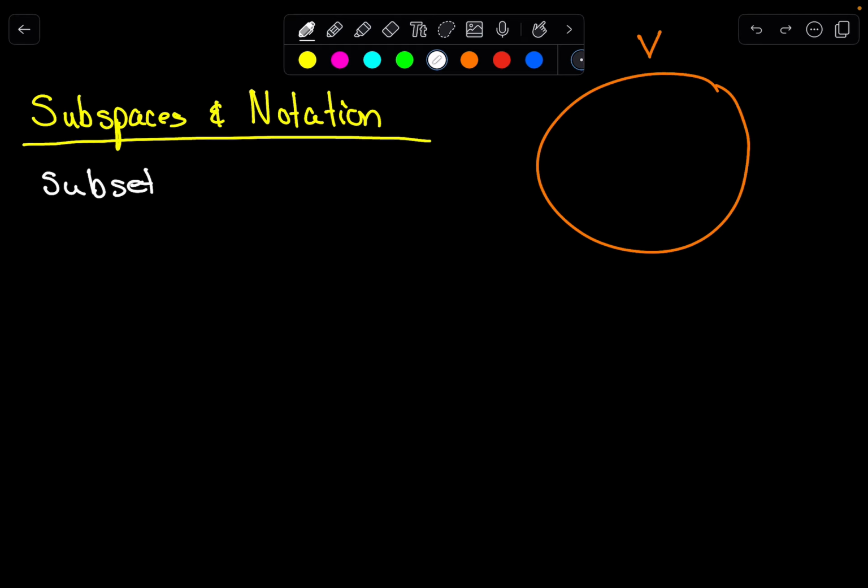It's basically just a collection of the items that are inside V itself. And we denote this, if we take a collection of things H, the notation is that H is a subset of V. This notation is kind of like the less than or equal to sign, except in set notation, we use this sideways U.